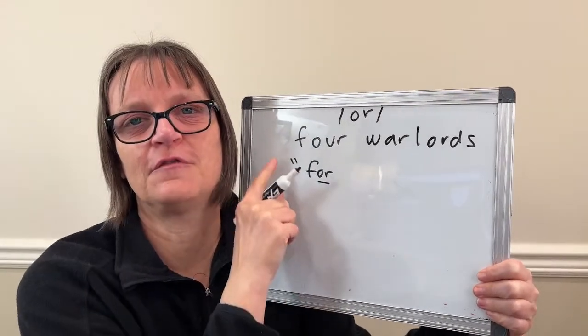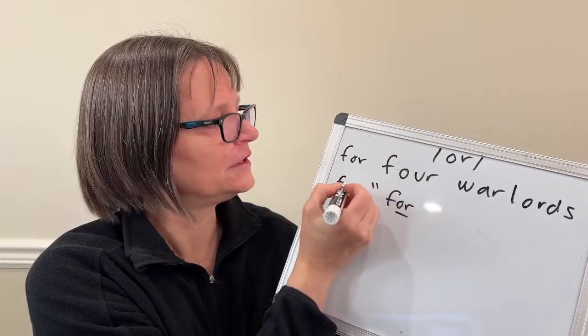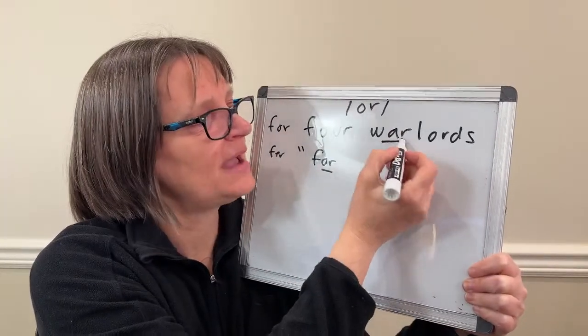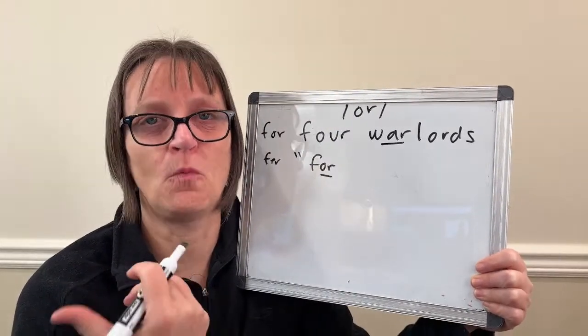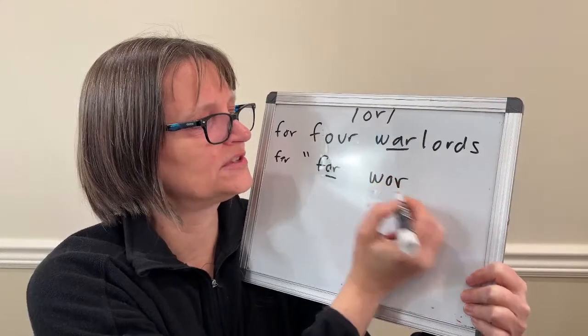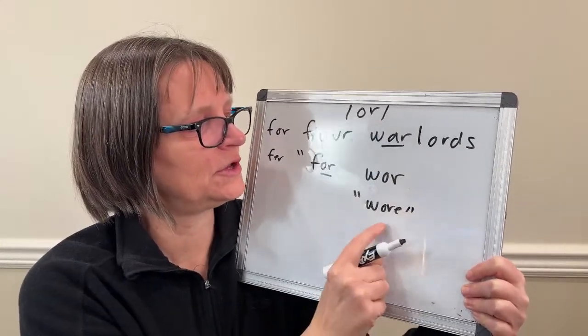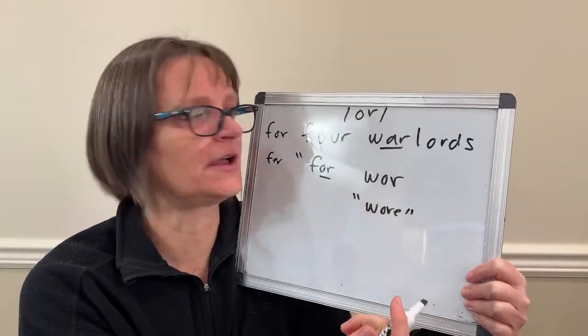So if I was doing for warlords, it might sound like fur for 4 warlords. W-A-R sounds like or. So in words like war, warm, warlord, it's going to be the or sound, same as in the word war. So for warlords, wore warm clothes.